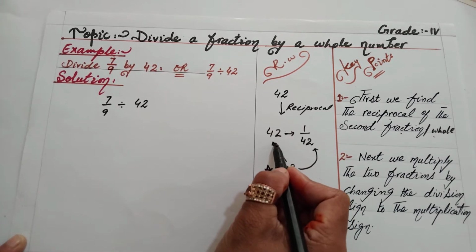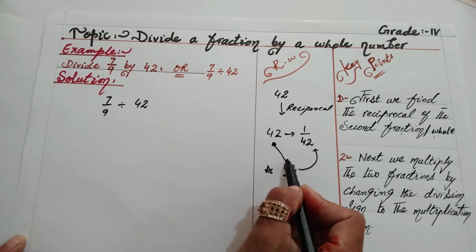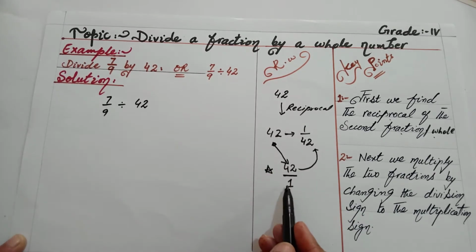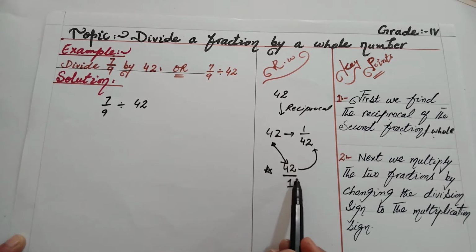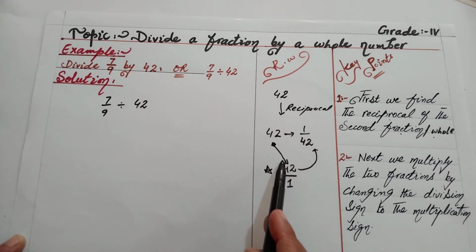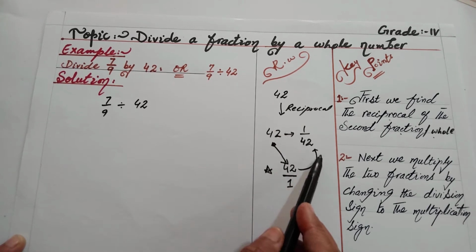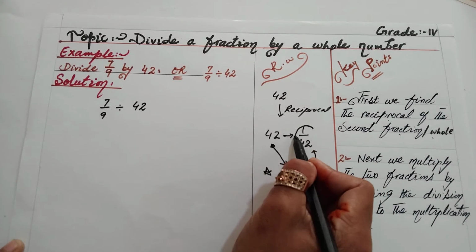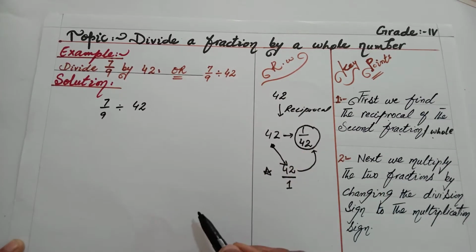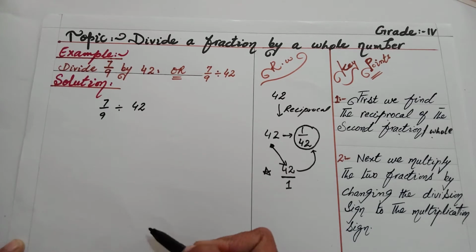So 42 can be written as 42 over 1 because a whole number can be written in the form of a fraction by taking 1 as a denominator, and when we find the reciprocal of this 42 over 1, it will be 1 over 42. So what is the reciprocal of 42? That is 1 over 42.